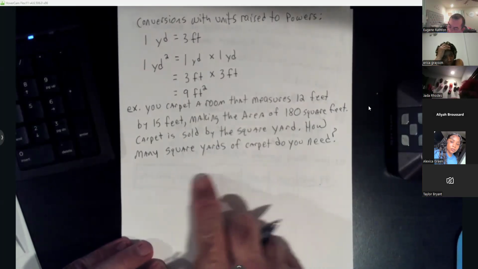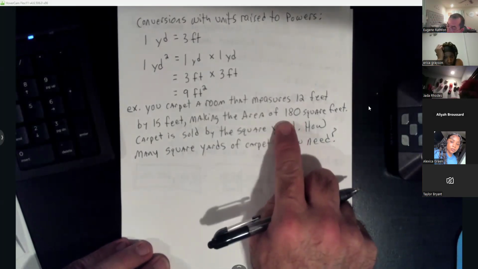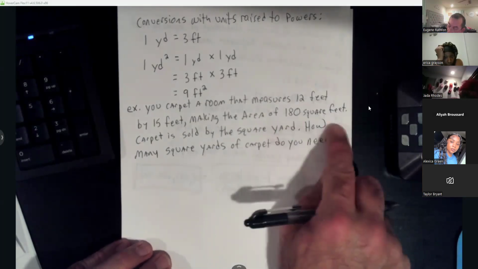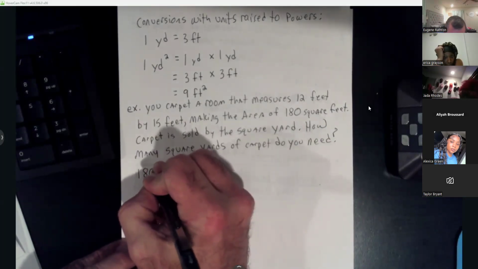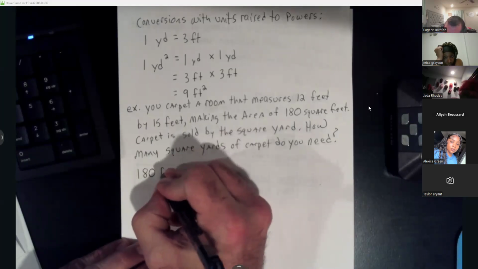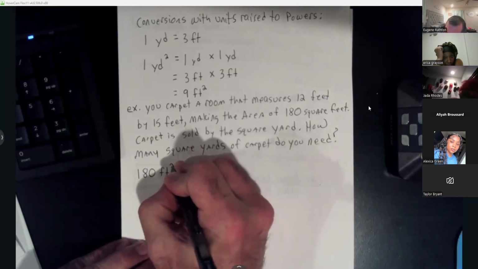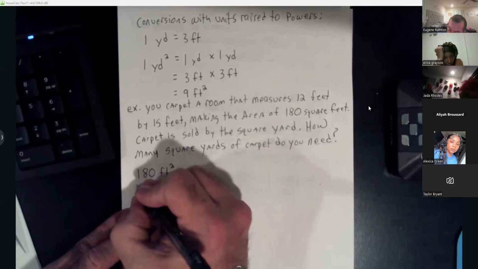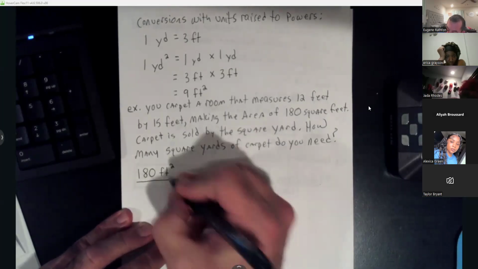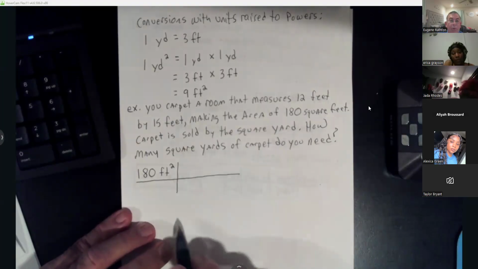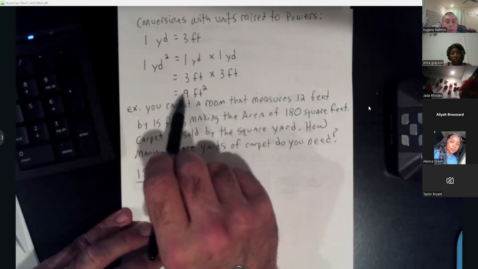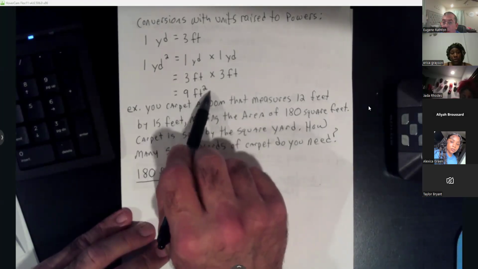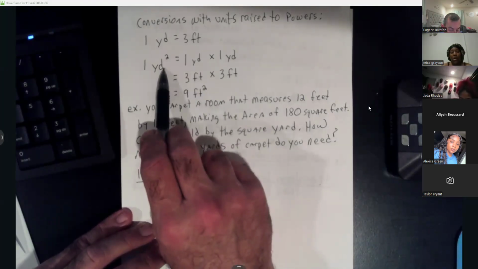All right, y'all. So this is where we know we're starting with this 180 square feet. So 180 square feet would be feet squared. Now we figured out a conversion right here. Square yards were equal to 9 feet squared for every square yard.